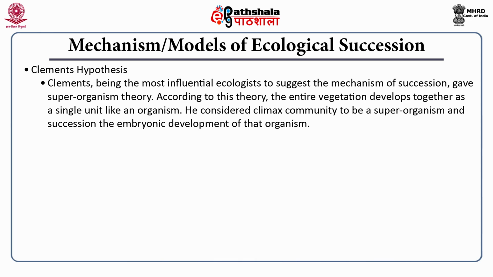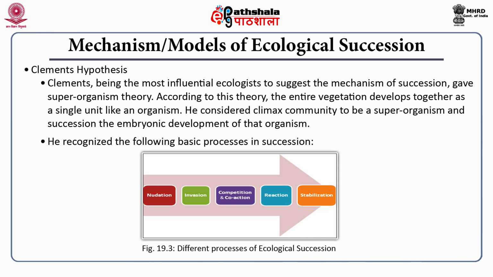According to this theory, the entire vegetation develops together as a single unit like an organism. He considered the climax community to be a superorganism and succession the embryonic development of that organism.